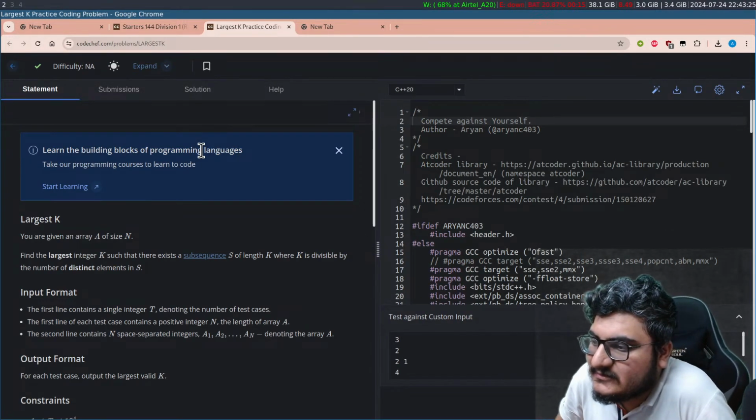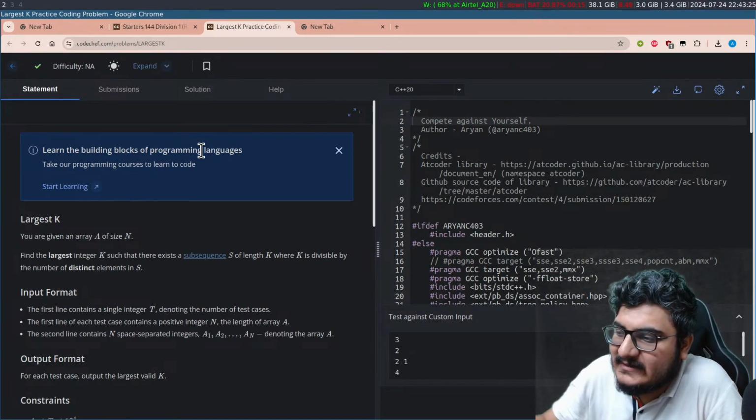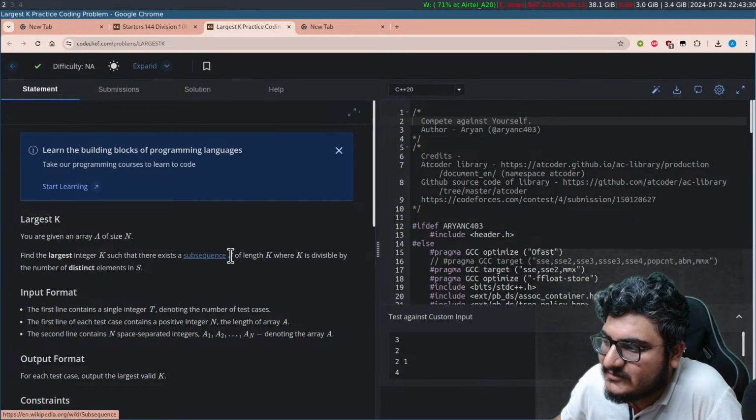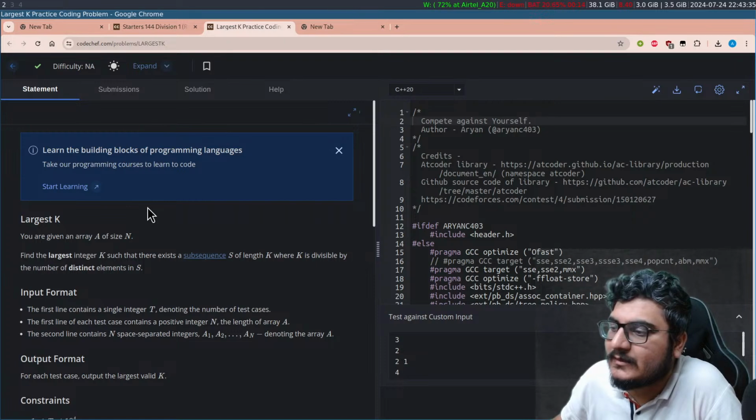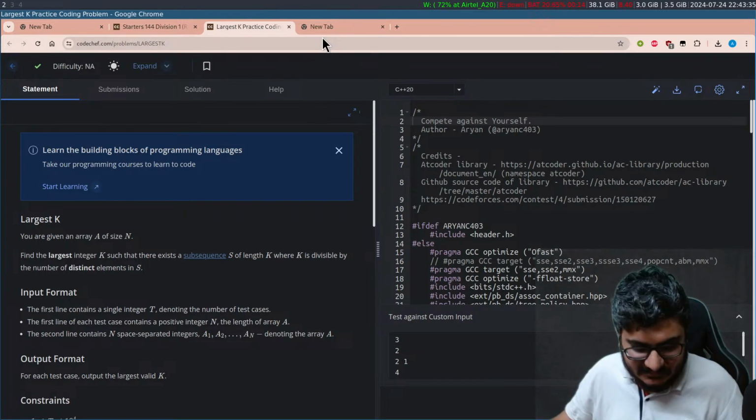It says you are given an integer array A of size n. Find the largest integer k such that there exists a subsequence s of length k where k is divisible by the number of distinct elements in s. The statement is short and sweet.